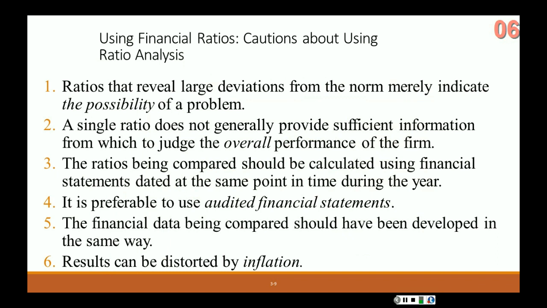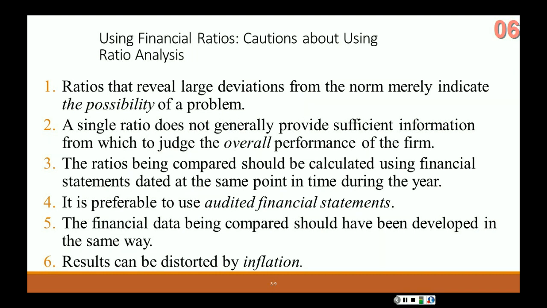There are some cautions when using financial ratios, and there are some major limitations. Ratios reveal the possibility of a problem. They don't necessarily mean that there is a problem. It means there might be a problem. A single ratio does not provide sufficient information to judge overall performance.